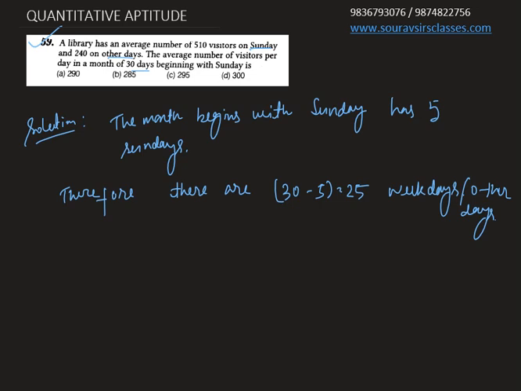Now by the question, the average number of visitors on Sunday in a library is 510.